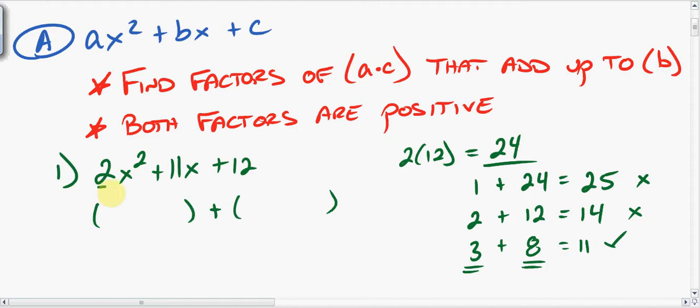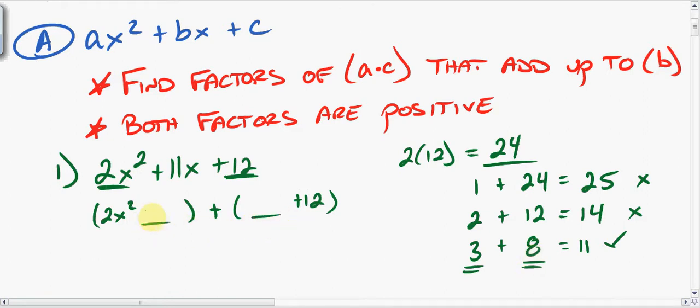And then you're going to look at your two outside terms in the given trinomial, and you need to drop those down. So the outside term, 2x squared, stays the outside term. The outside term of positive 12 stays the outside term there. So I've dropped down my two outside terms. Then I'm going to come to my factors of 3 and 8, and I'm going to plug them into the two empty spots.